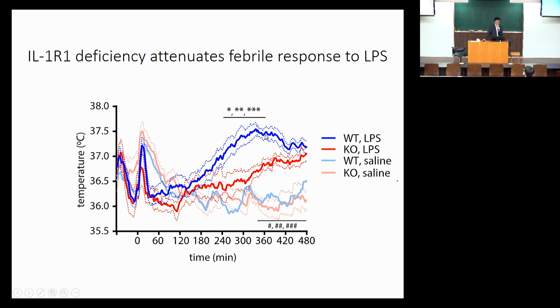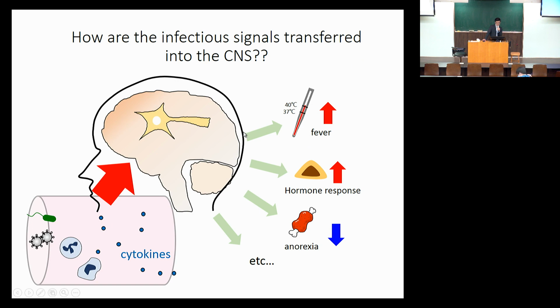Interestingly, this peak is suppressed in the knockout mice. It means IL-1 works for this fever. So this cytokine IL-1 from the peripheral blood comes to the brain and works for this fever. But how?